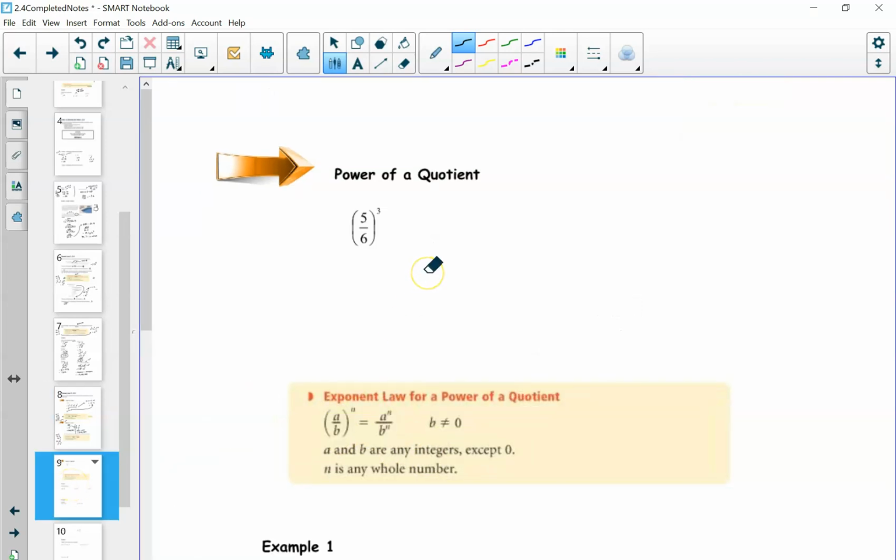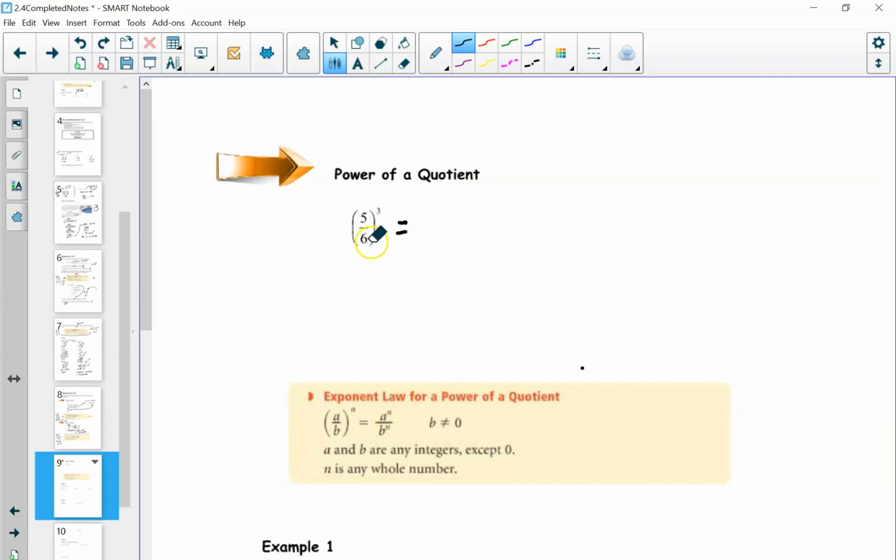So power of a quotient. Power of a quotient is almost the exact same thing, but using division instead of multiplication. If we look at 5 over 6 to the power of 3, well, if I try to divide 5 by 6, I'm going to get some sort of decimal, so it's going to be a really frustrating number to deal with. So let's use basically the inverse of what we used before.